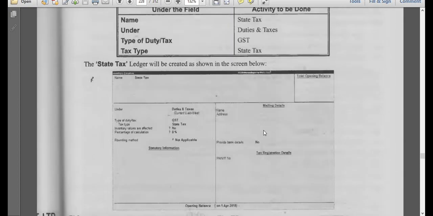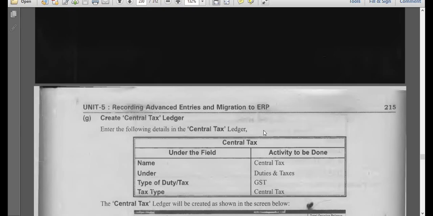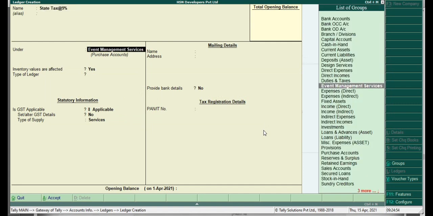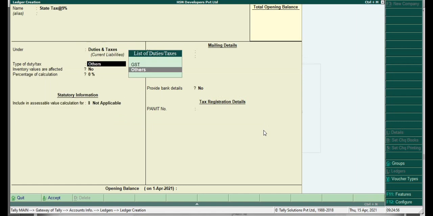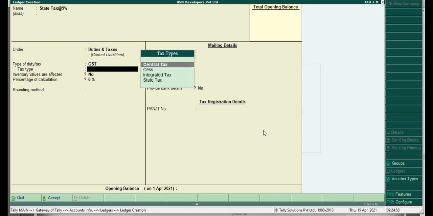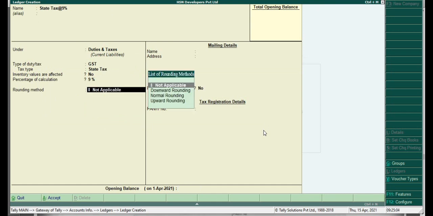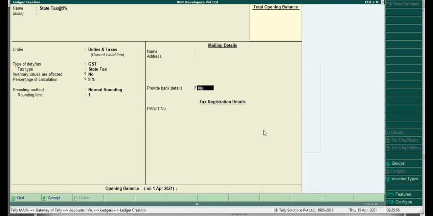After that we have to create state tax and central tax, both taxes we have to create. State tax at the rate 9% under duties and taxes, GST, state tax 9%. We go with normal rounding 1.